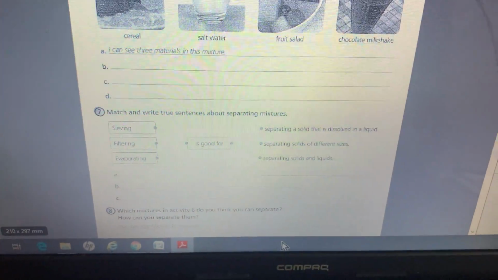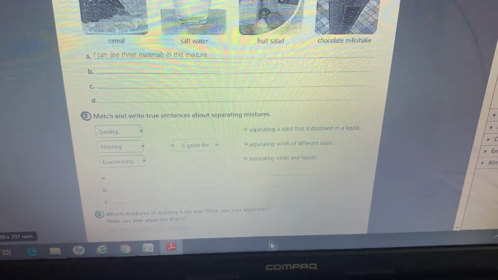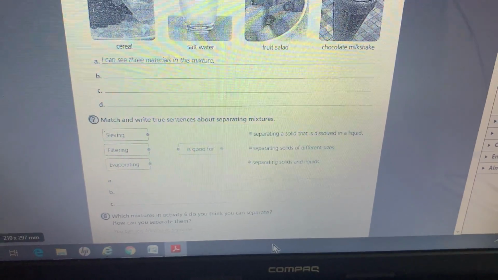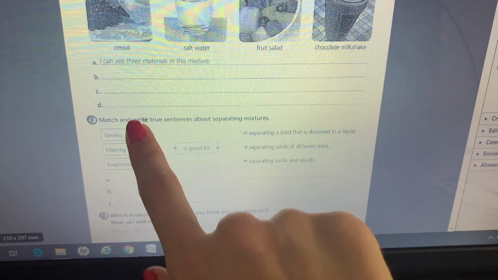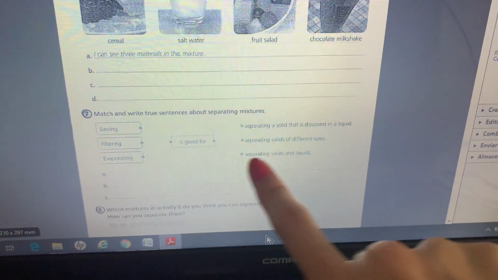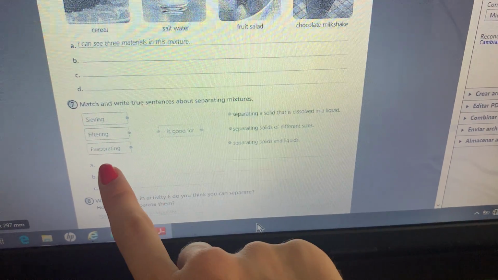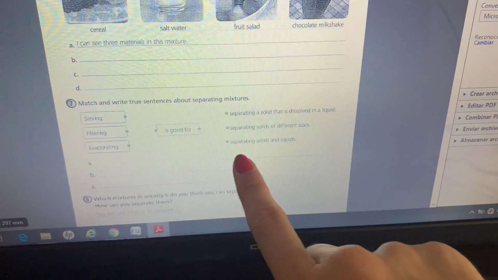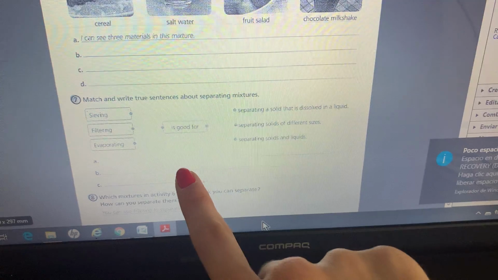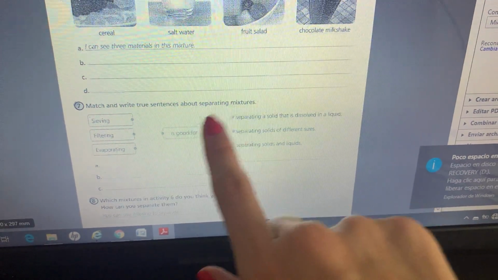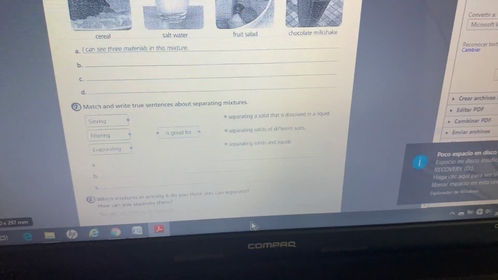In exercise 7, you need to match 3 sentences about separating mixtures. These are the definitions of these 3 different methods or techniques, and then you write the whole sentence, A, B, and C. Sieving is good for, filtering is good for, depending on the one that you have matched.